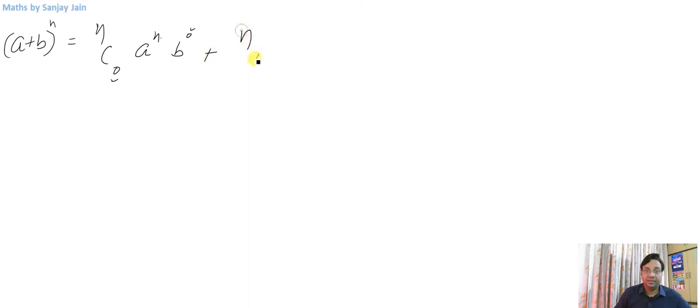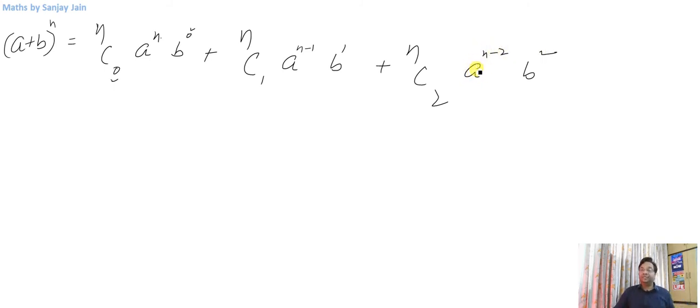Let me write the next term, then you will understand. nC1, b raised to power 1, and then a raised to power n minus 1. nC2, b raised to power 2, a raised to power n minus 2. nC3, b raised to power 3, a raised to power n minus 3, plus and so on.